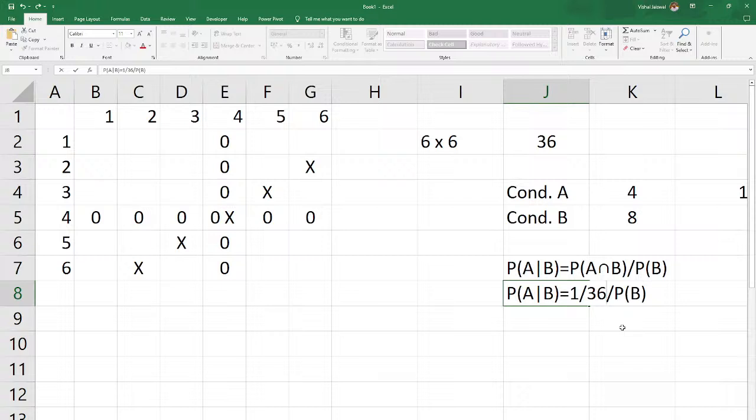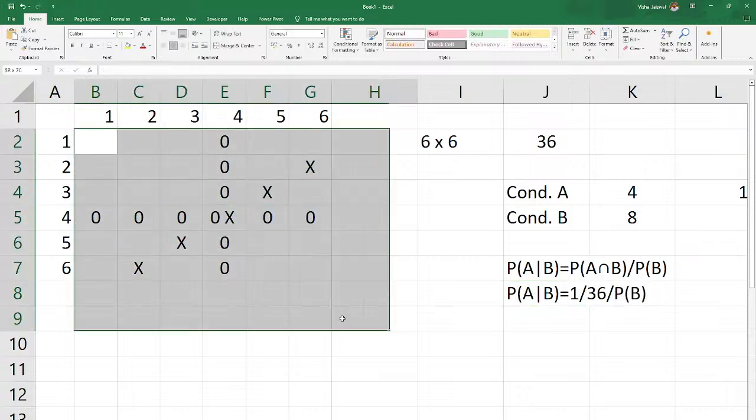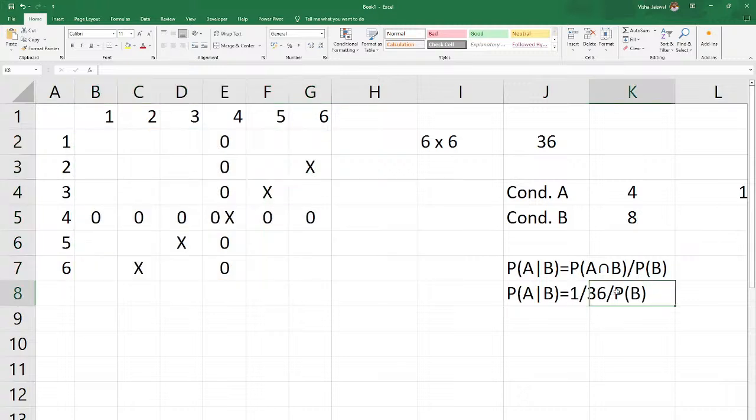Out of a total of 36 events, there is one event where they intersect. So the probability of A intersection B is 1 out of 36. The probability of B is 5 out of 36, 1, 2, 3, 4, 5 out of a total of 36.